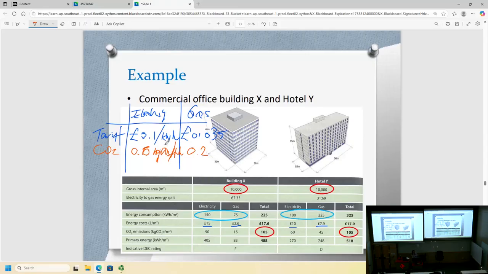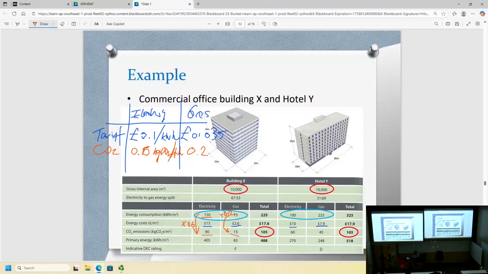So if we have the emission factor, then energy consumption multiplied by the emission factor gives the carbon dioxide emissions. So energy consumption multiplied by the emission factor of 0.6 for electricity, and for gas the emission factor is 0.2, and we have 15.